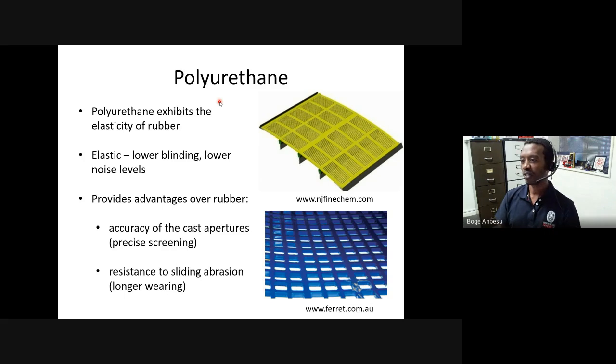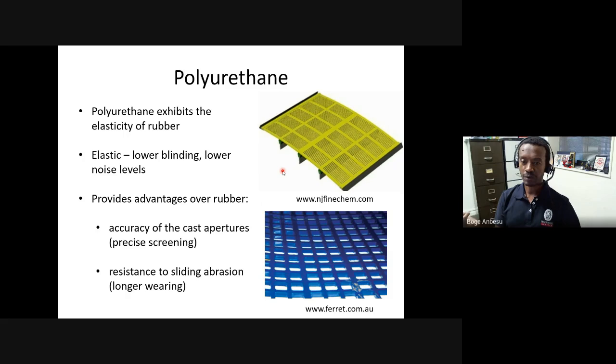If it's made from elastic material, once particles peg or go through the screen, if they block, because the plastic is a bit elastic, it allows the particles to pass through. That can be a good advantage compared to something made from metals or rubbers, and therefore these days I think modern screens tend to use polyurethane as a screening surface.